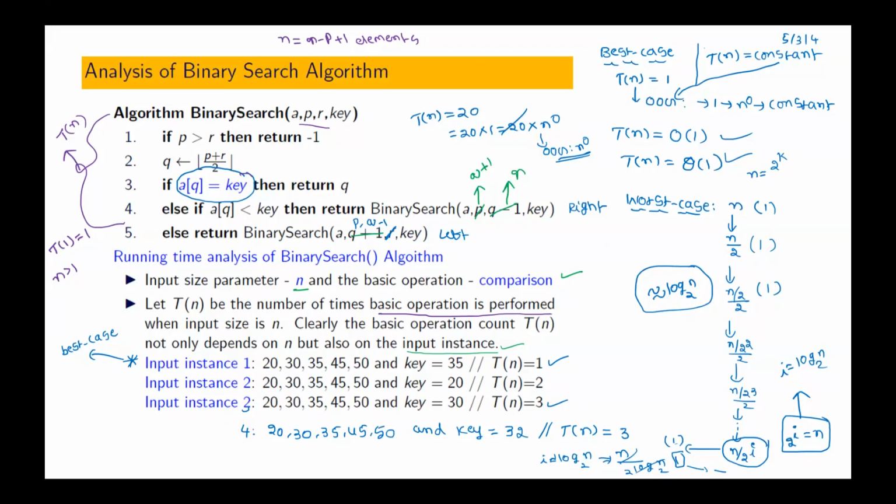No. See, when there are n elements, it is T of n time. If it goes to the left side, how many elements will be there on the left side?